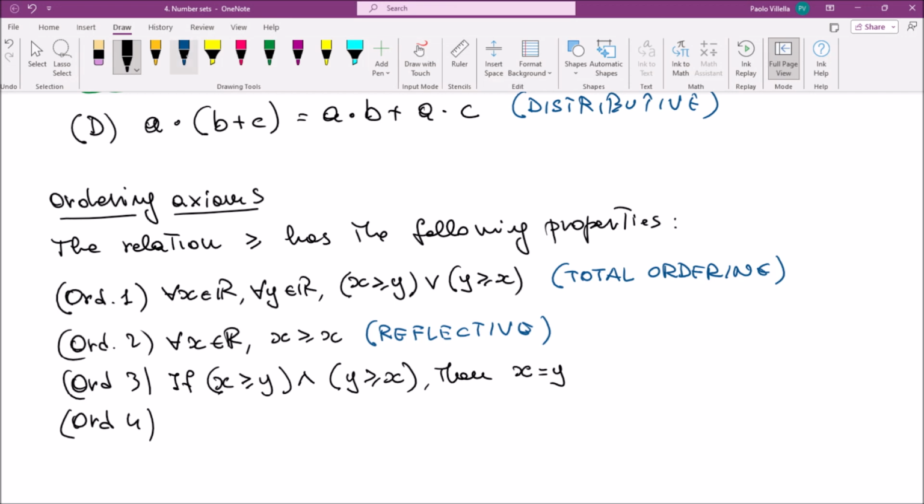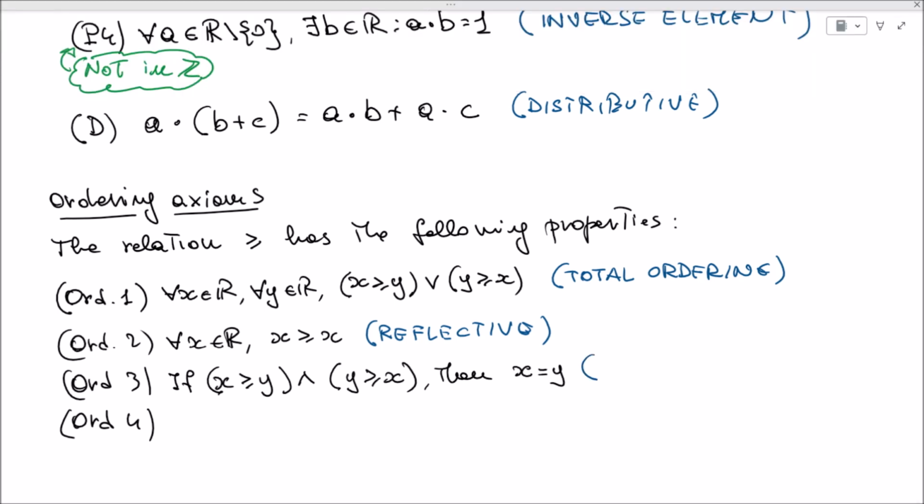And this goes under the name of anti-symmetric property. So we are saying that if x is larger than or equal to y and y is larger than or equal to x, it must be that x is equal to y.